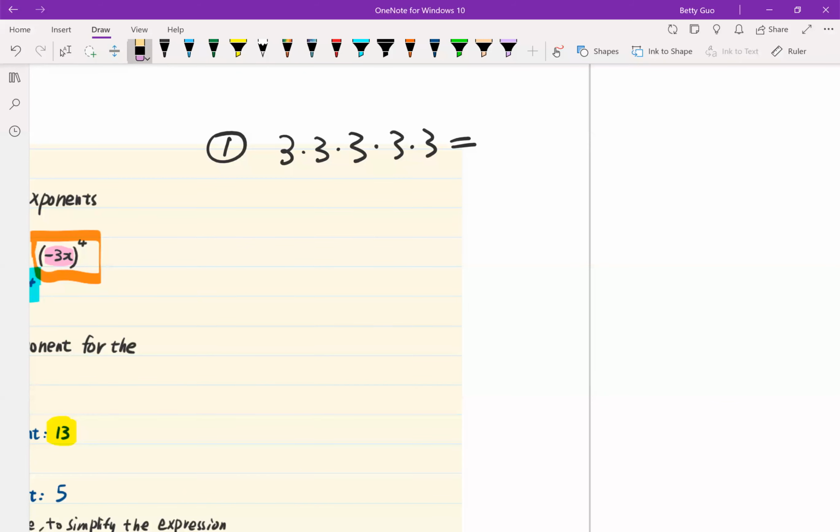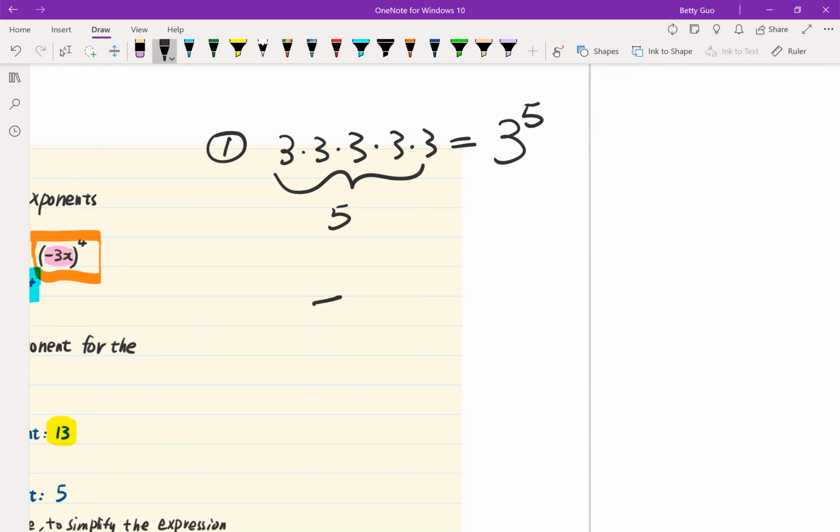Yeah, very good. 3 to the power of 5. The base is the repeated factor in the product. How many times do you repeat it? 5 times, so that's the exponent. The first problem is easy, right? Take a note. The first problem is very straightforward.